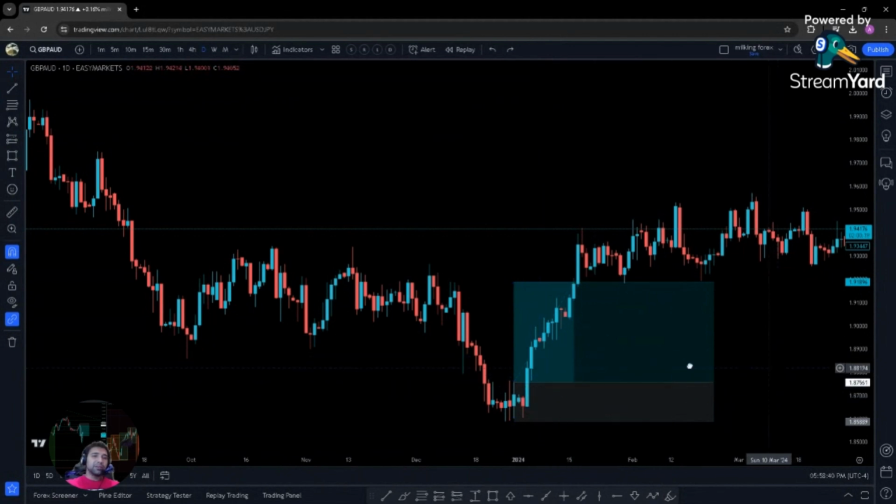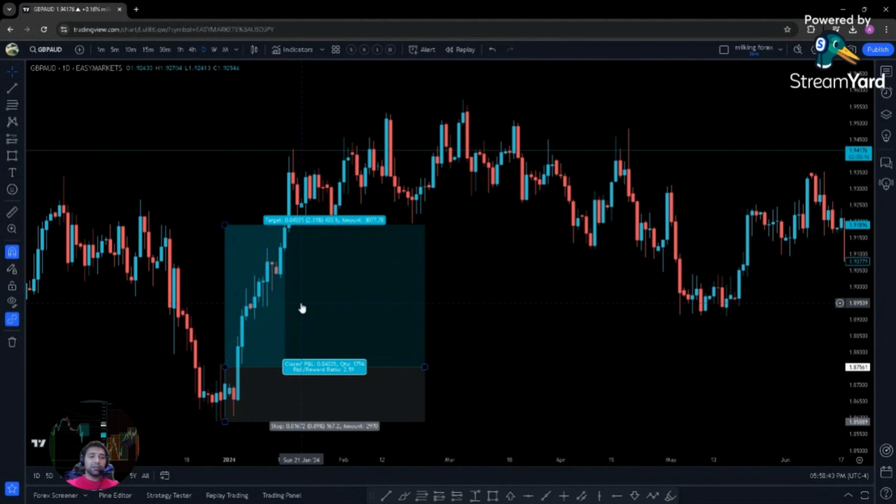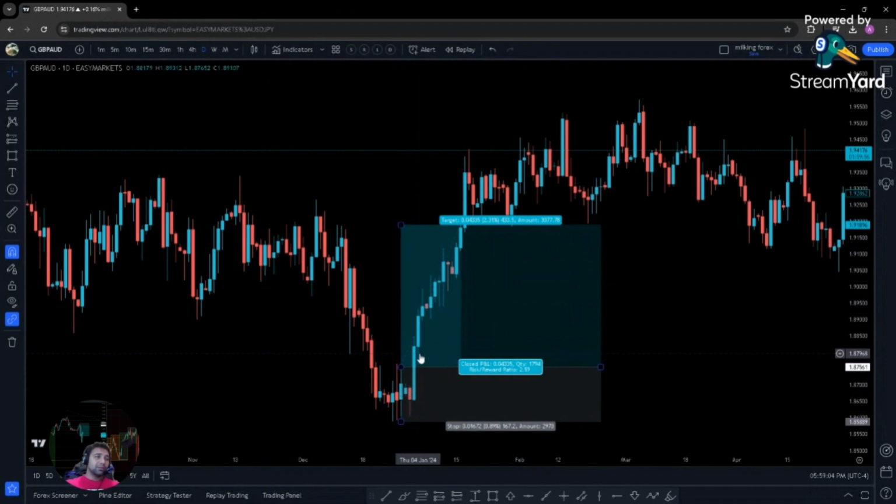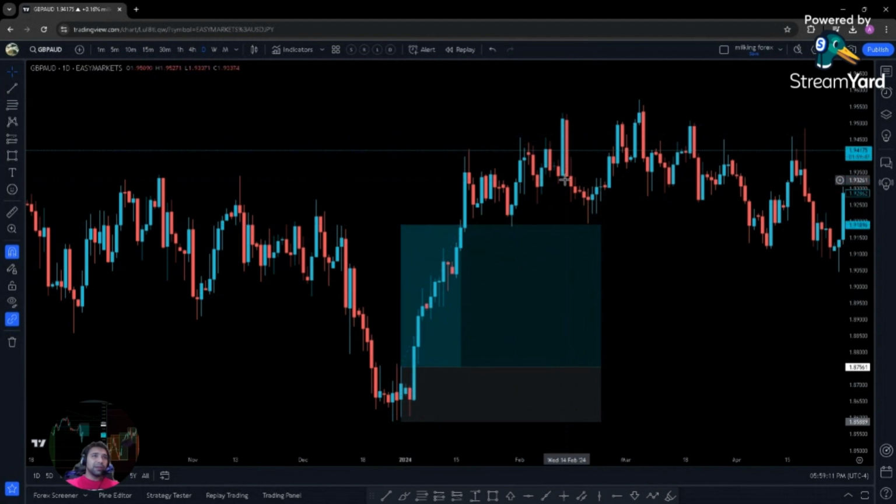If you have the capacity to hold a trade this long, it all depends upon personal preferences. If a person is taking a trade on a monthly or weekly time frame, he isn't in a hurry about taking quick profits, because a lot of macroeconomic factors would be incorporated in his decision. Similarly, it goes on the daily time frame as well. There could be data that is aligning with this trade, or these big candles, or a railroad pattern, for example, and the price suddenly came back.